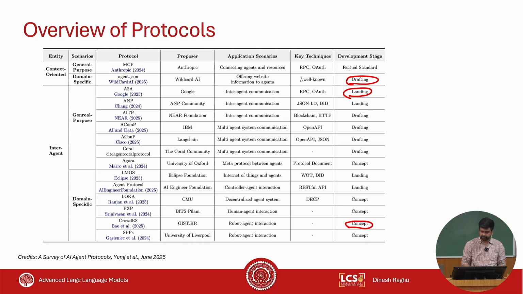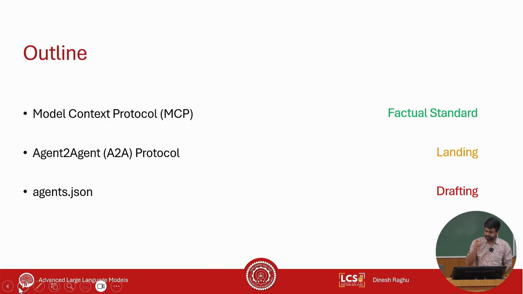So in today's class, we will cover three protocols: MCP, agent.json, and A2A, mainly because it will give you a flavor of different types of entities, scenarios, and developmental stages, right? MCP is a well accepted standard, so I'll go into a lot more detail for MCP.